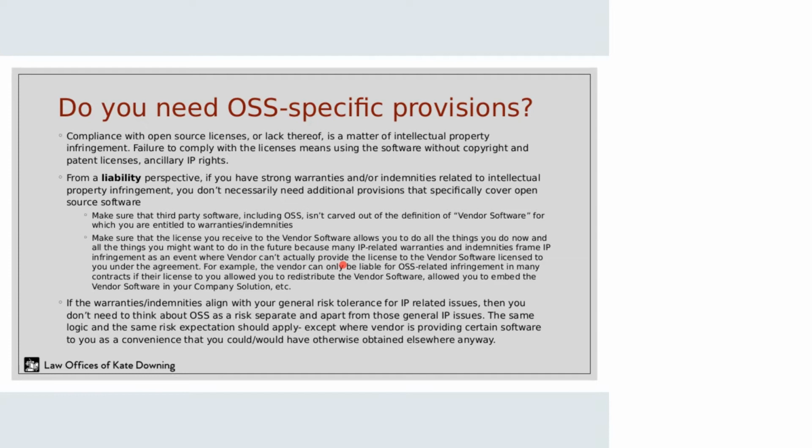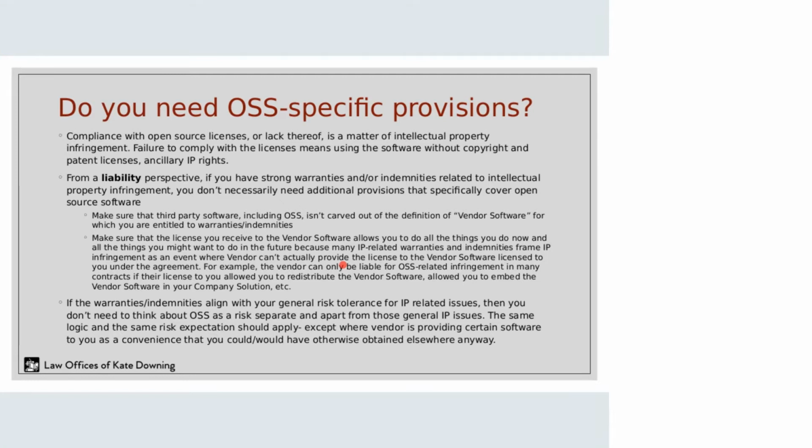I would just make sure that people can be a little bit tricky about how they define vendor software. Sometimes they can phrase it in a way that might exclude third-party code that they include. So I would double check your definitions, make sure that it's nice and broad enough to really cover everything you're being handed. And the other thing is to really make sure that the scope of the license you're receiving covers everything you want to do now and everything you might want to do in the future.